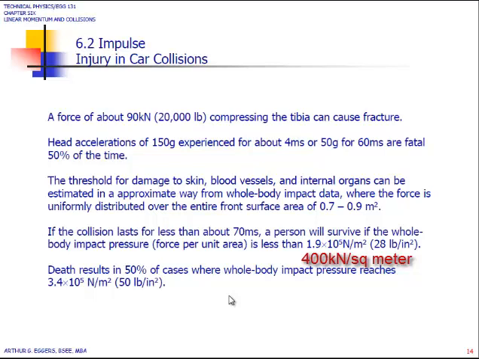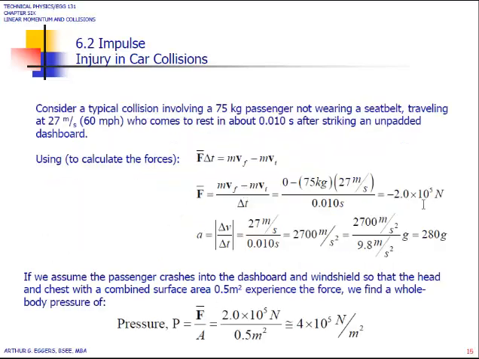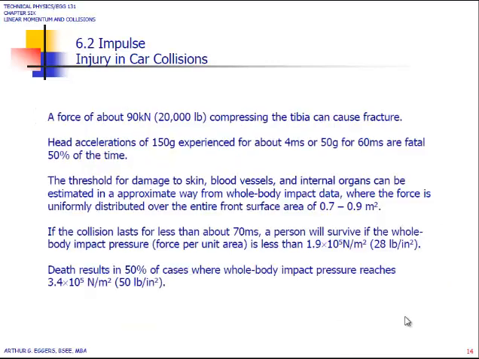So you can see how these relationships all play into the amount of forces that your body can withstand, given the forces, the duration of the collision, and how much surface area we're talking about, to create information that can be applied, say, in an accident investigation.